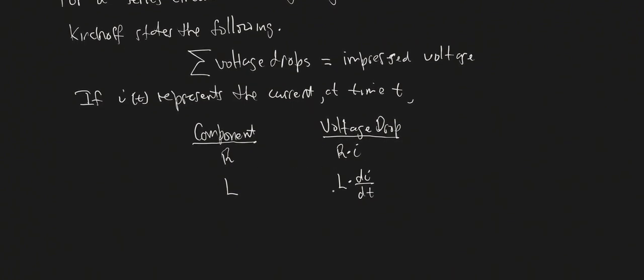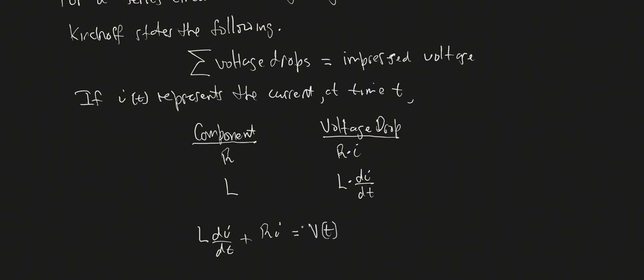So again, I'm going to take the voltage drop across the inductor, so that's di/dt times L, plus R times I, the voltage drop across the resistor, and Kirchhoff says that these two things must add up to our external voltage, or the impressed voltage.